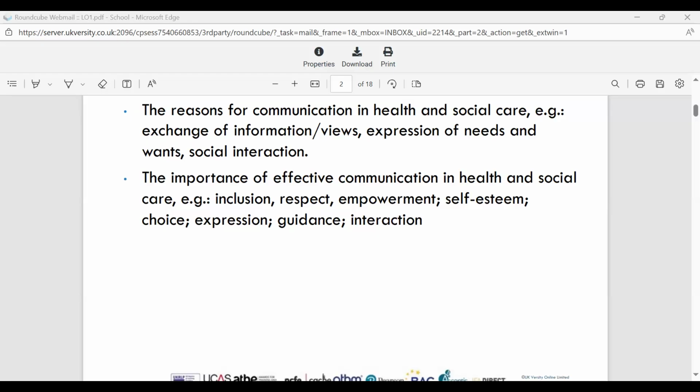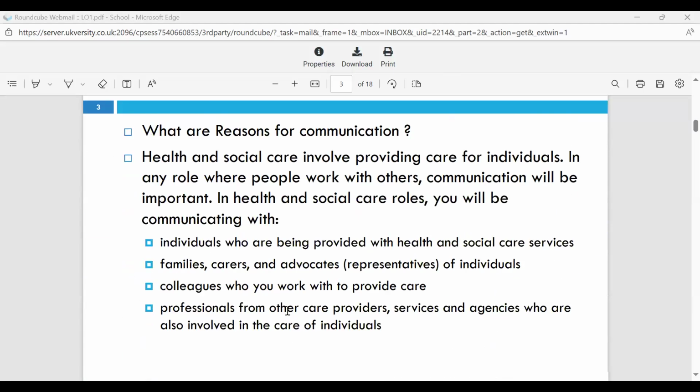Now, in the outside world, even communication is so important. If we look at it from a business perspective, for example, if you're going to a shop, it's so important to communicate what you want and how you want it. In that kind of social setting, communication is really important and it's part of day-to-day life. So we're going to look at understanding why communication is important. It builds an element of trust.